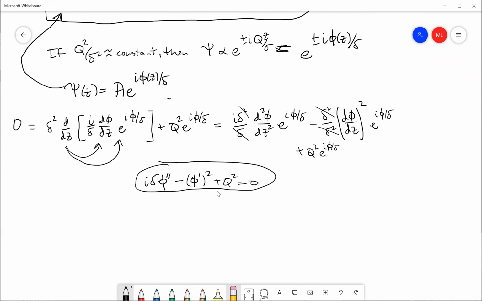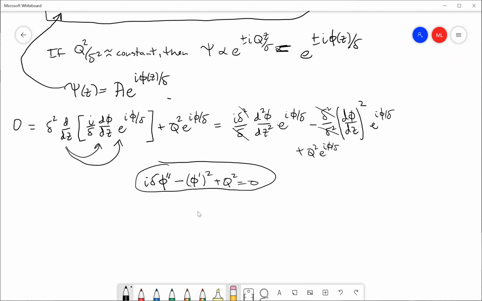And so now we can apply perturbation theory, in a sense, to this equation. We can start expanding it order by order in delta. And that's what we'll do next time, and hopefully finish this off. We're going a little bit slowly, I guess, but it's okay. Next time, we'll do a Taylor series expansion of phi.